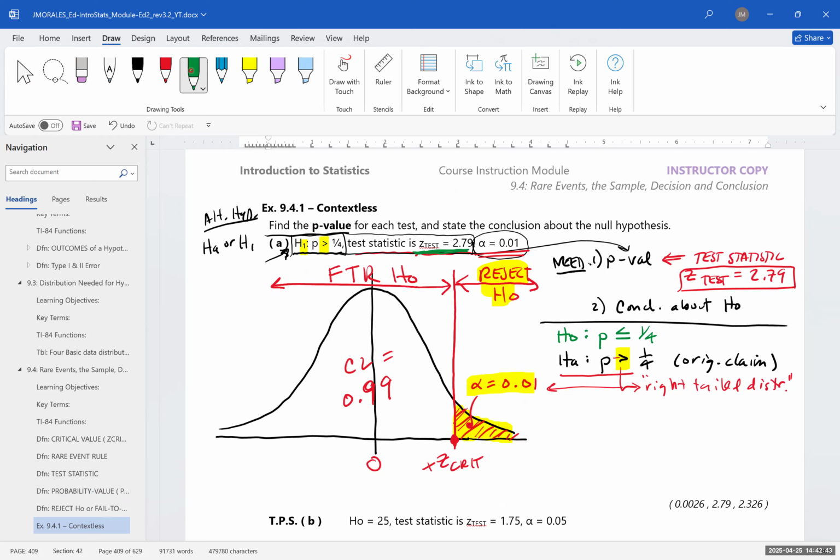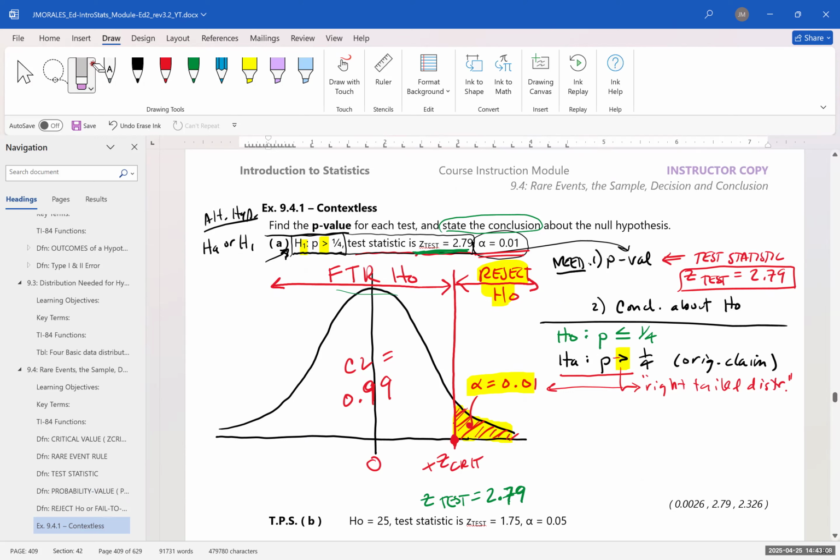So I'm down here, I'm going to put Z test, and we know that that's 2.79. So when it says to state a conclusion, what it's asking for is, are we going to reject the null or are we going to fail to reject the null? That's what we've got to figure out.